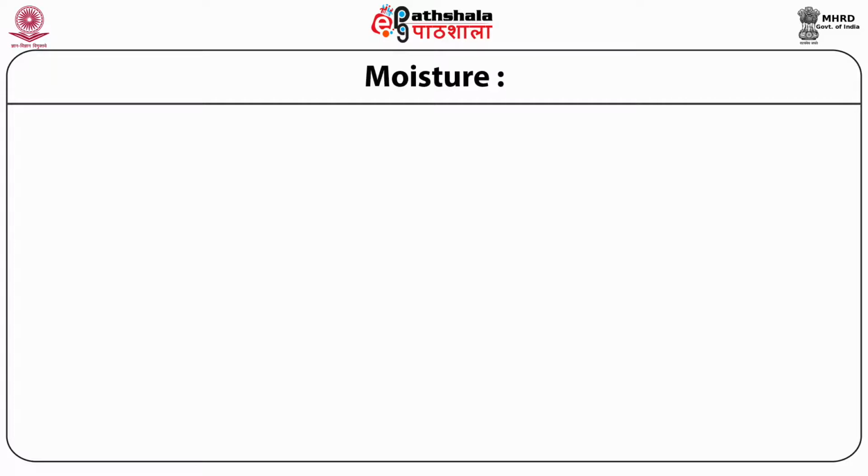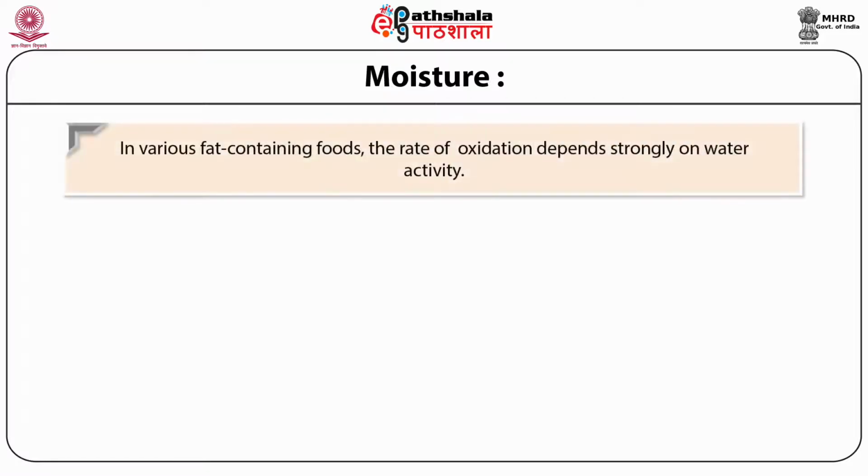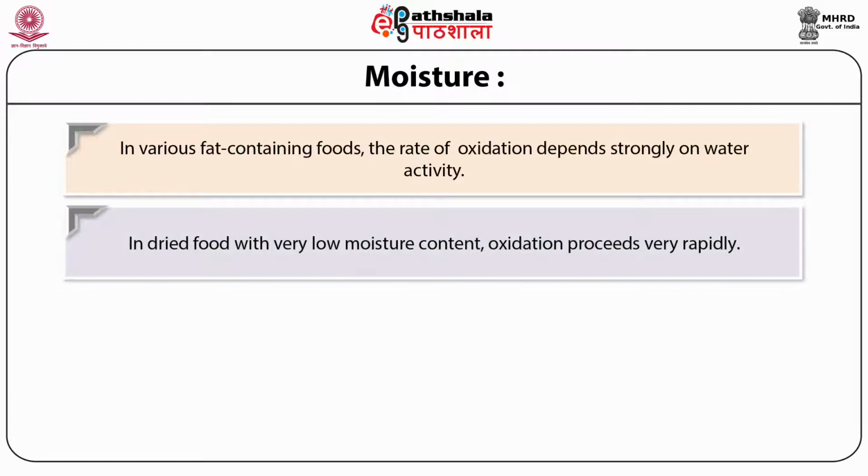Now, let us look into the effect of moisture on lipid oxidation. In various fat-containing foods, the rate of oxidation depends strongly on water activity. In dried food with very low moisture content, oxidation proceeds very rapidly.